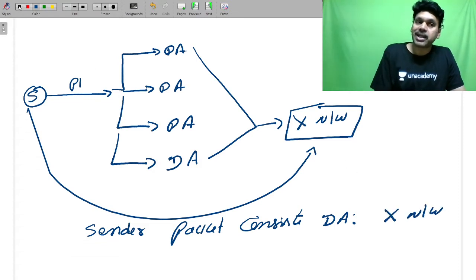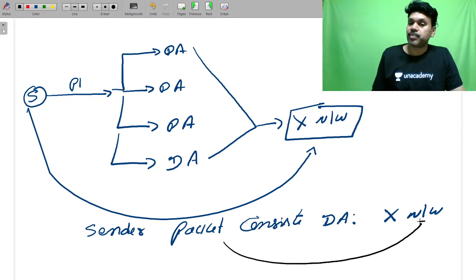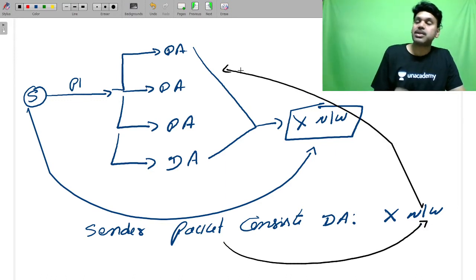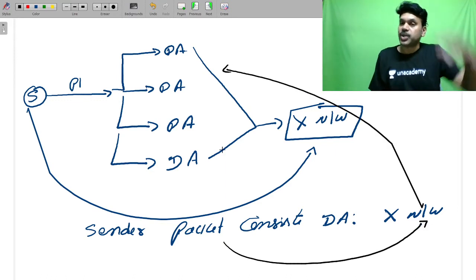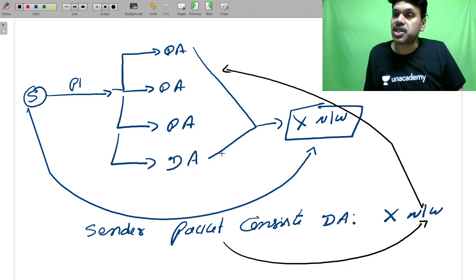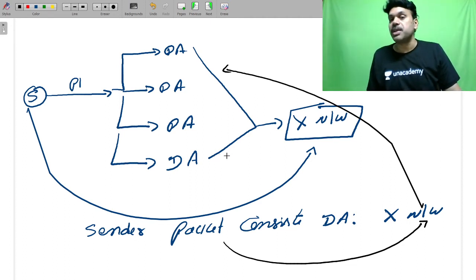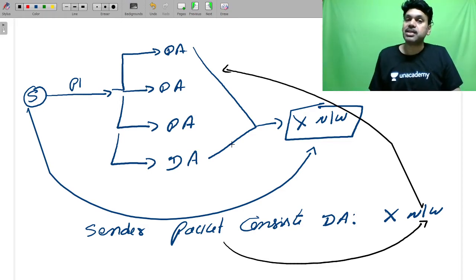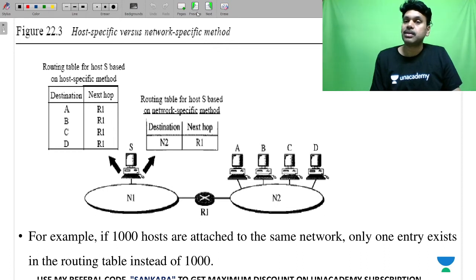So whenever the packet has come to X network, then this X network will pass the packets to all of them. So instead of writing 4 destinations or 4 routing table entries, just one routing table entry is enough to satisfy this. This is what network specific is about. Otherwise, it is host specific.